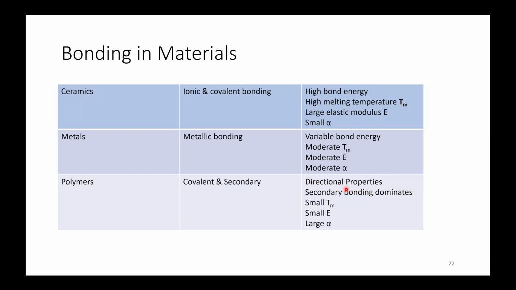In one direction they can have a different elastic modulus than in another. The secondary bonding will be dominating, and so these will have low melting temperature, low elastic modulus, and very large thermal expansion coefficient. So these will expand more when we heat them compared to ceramics and metals. Ceramics show very little expansion.